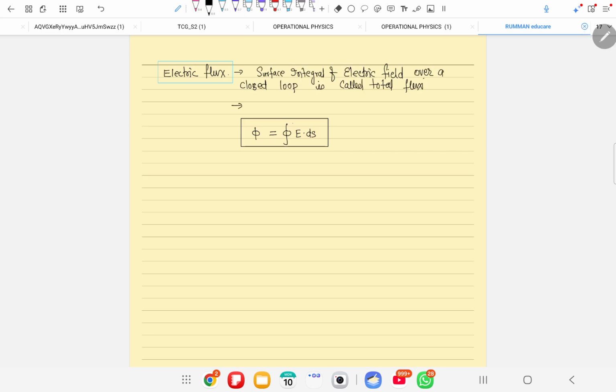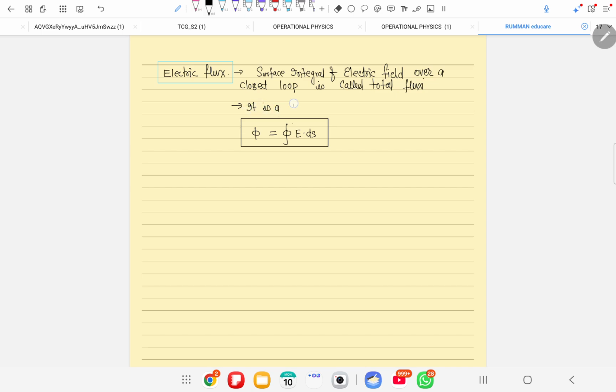So the surface integral of the electric field over a closed loop is called the total flux threading through the loop. It is a scalar quantity.